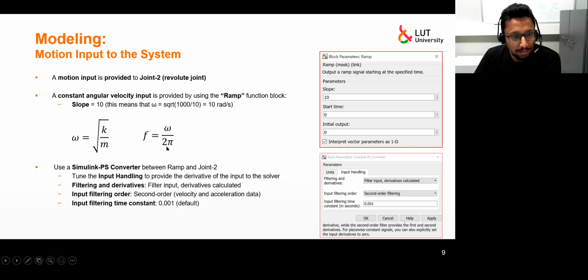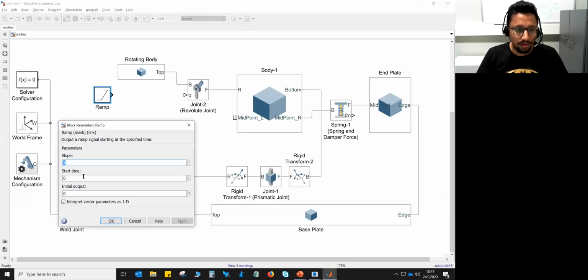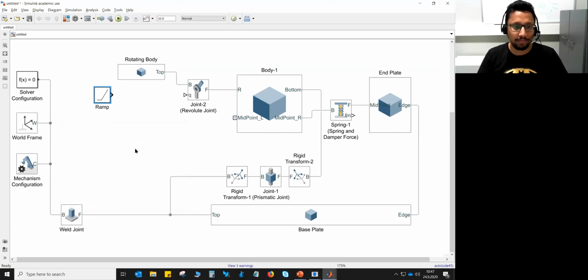So what will be the natural frequency in radian per second for that one spring mass system? It will be square root of 1000 divided by 10. So basically 10 radian per second. So exactly we need to provide a motion input of 10 radian per second. So basically slope is 10 and we press OK.